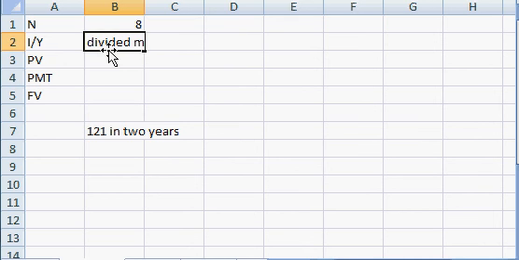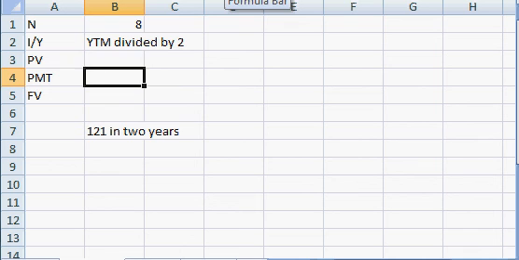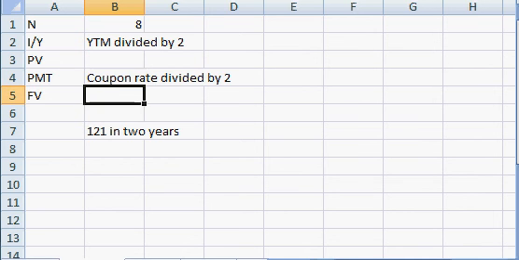The future value will be the face value of the bond. The payment is the coupon, which is the coupon rate divided by 2 times the face value, which is almost always $1,000.